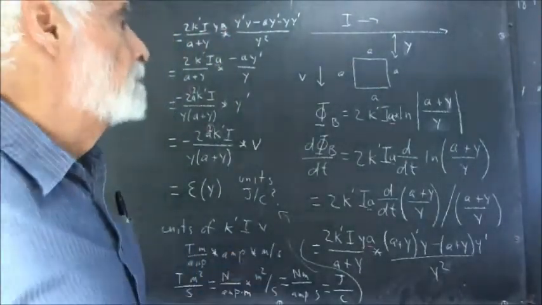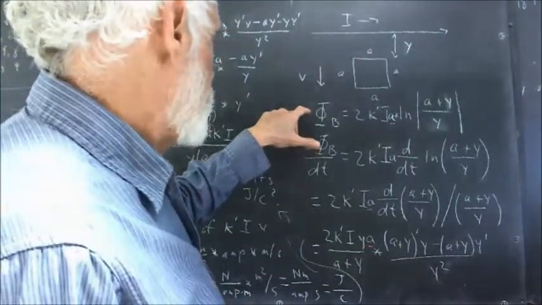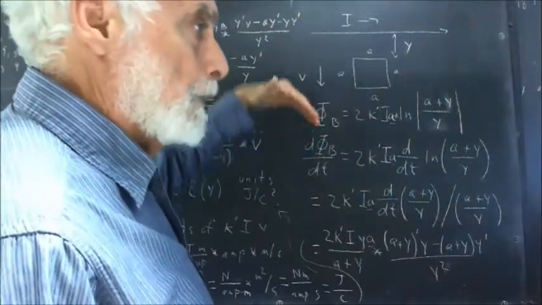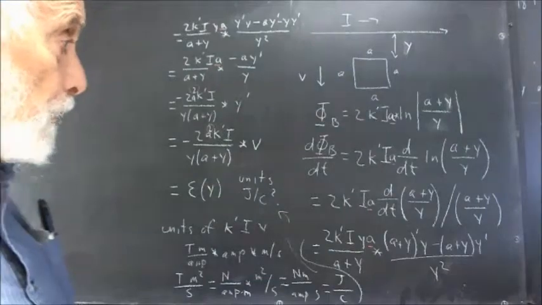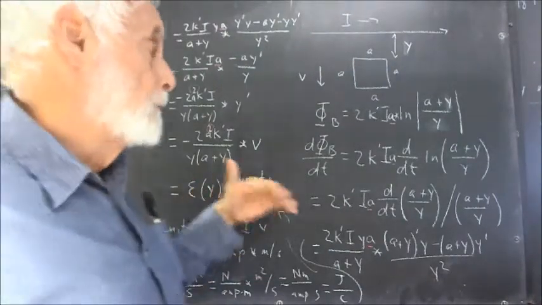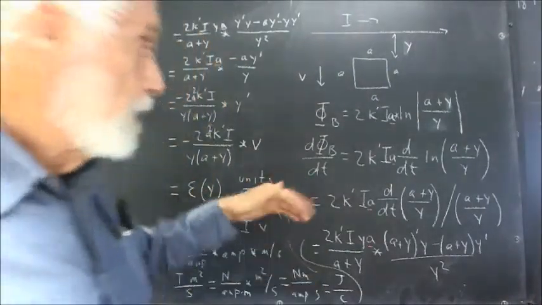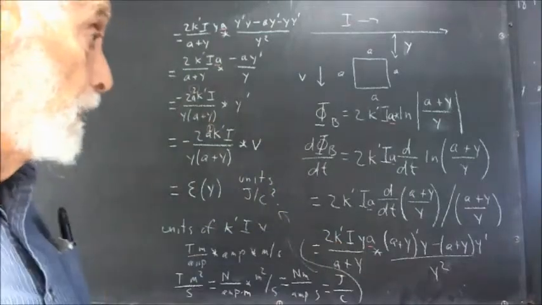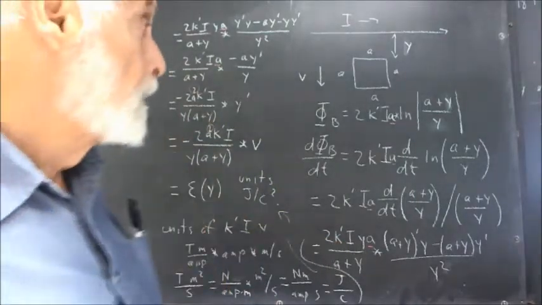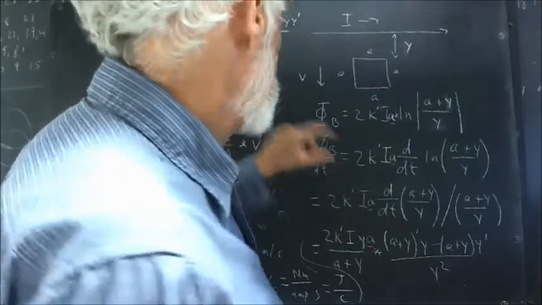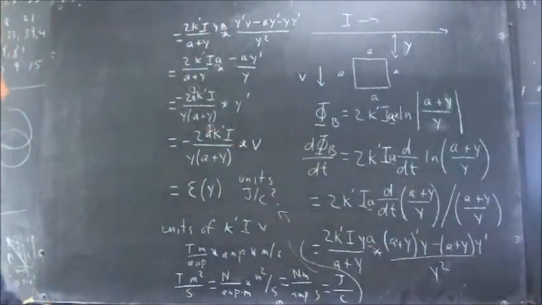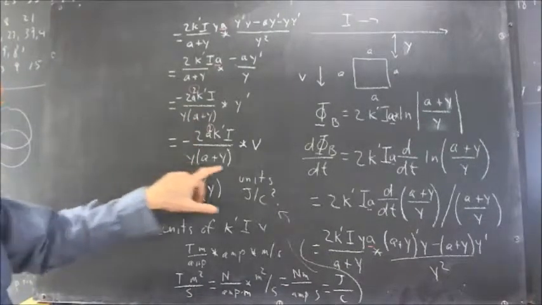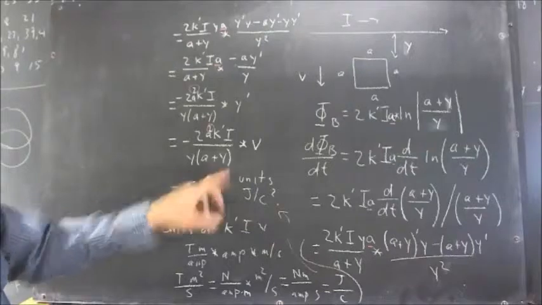So the derivative of the flux, which is the slope of your flux versus distance curve, is going to approach zero. The derivative will be negative, and that comes right out here. So we expect the derivative to approach zero as Y approaches infinity, and we see that that is indeed the case. The only Y's we have are in the denominator.